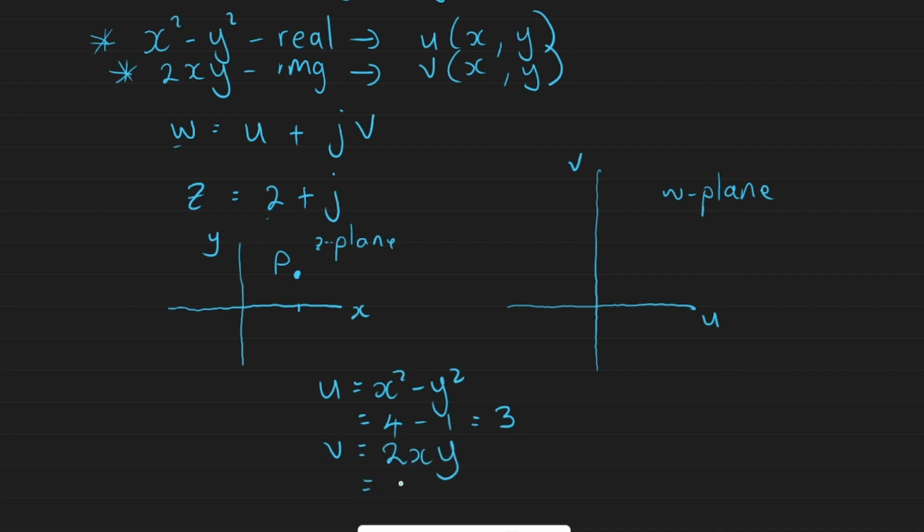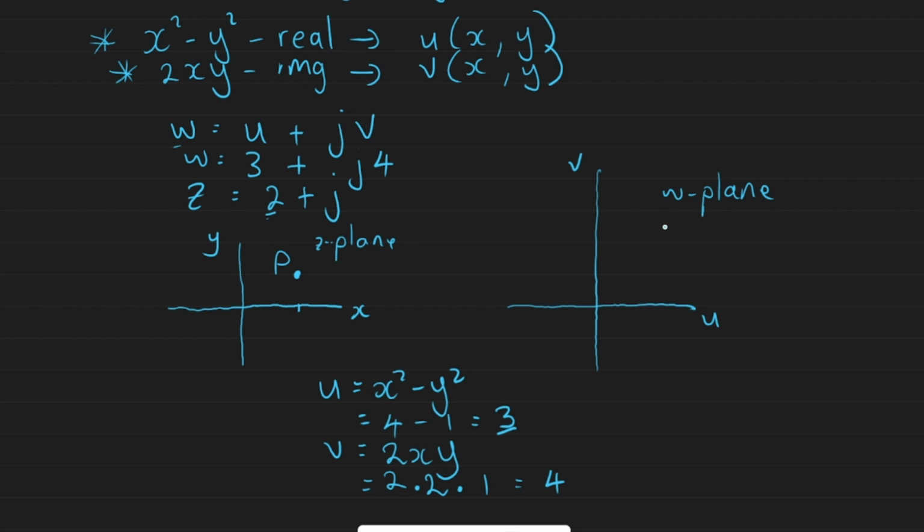So this is equal to 2 times x, which is 2, times 1, which is just 4. So this w is equal to u plus jv. So what w is equal to is 3, that's the real part, plus jv, and v is equal to 4. So we have 3 plus j4. So to plot it in the w plane, we would simply identify 3 and 4.